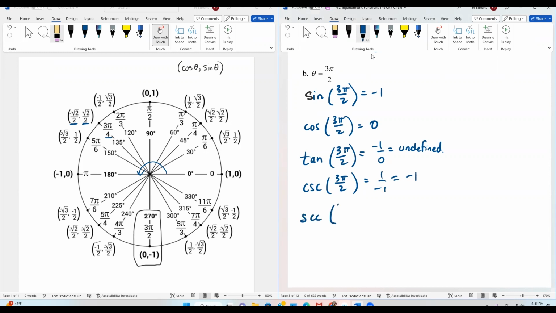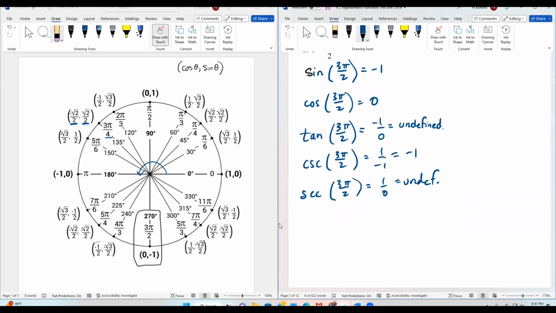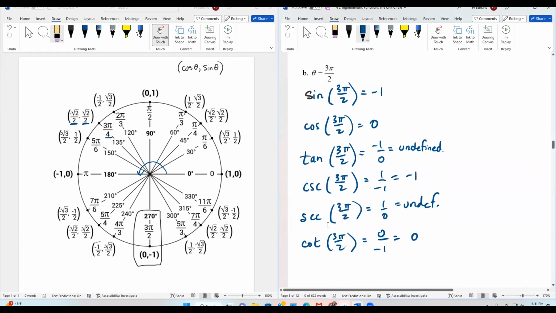Secant, which is 1 over x. That's 1 over 0, that's also undefined. And then finally, we have cotan, which is the x over the y. So that one's just 0. So we fulfilled all of the 6 main trig functions, and we can continue on to another problem.